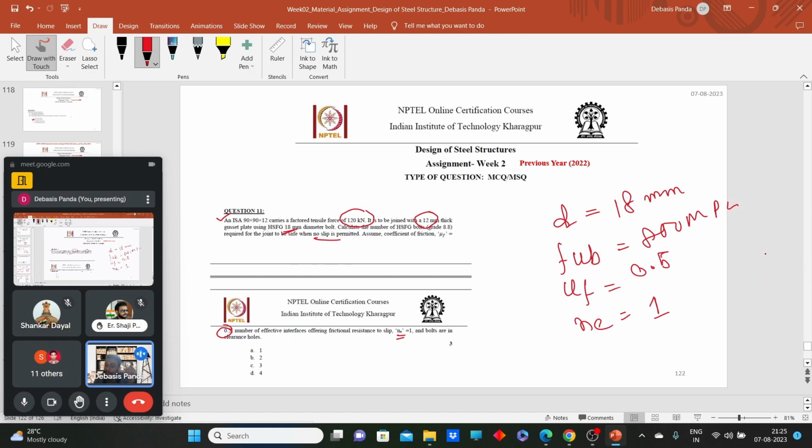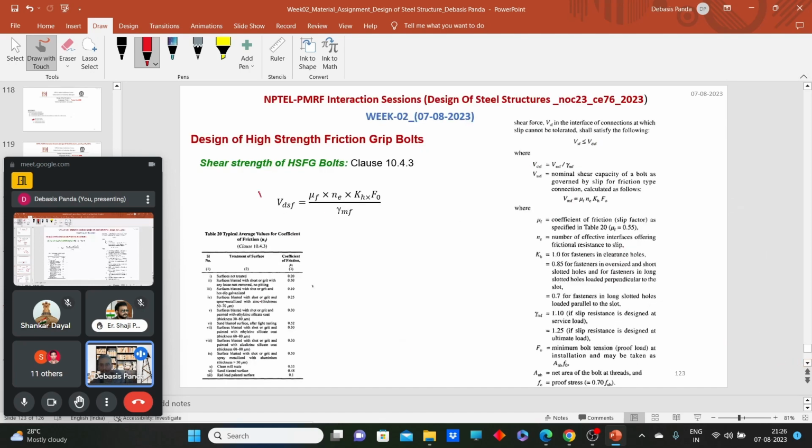So we have to calculate the shear capacity of the bolt. What is the shear capacity formula for the frictional type of bolt? For the frictional type of bolt, the shear capacity formula is this. Here mu f value is given. What is the value of mu f? 0.5, into Ne 1.